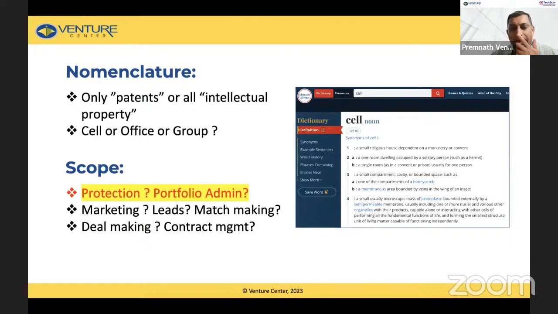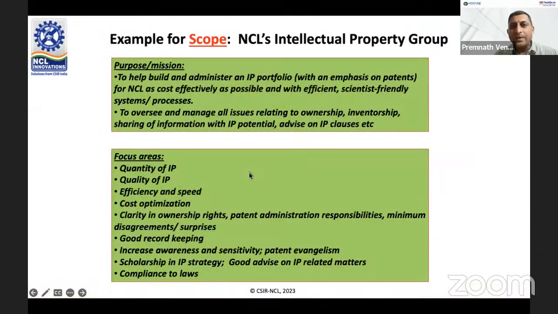One is a minor activity but managed through external partners. In India, many of the patent cells are primarily focusing on the first item. So I'll focus on the first item today, which is IP protection and portfolio administration.